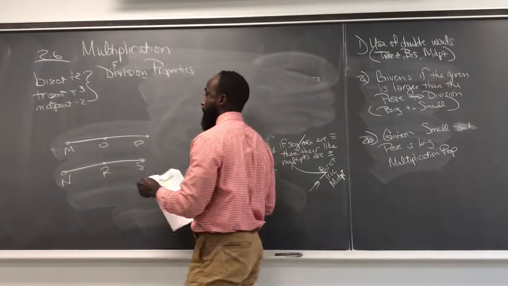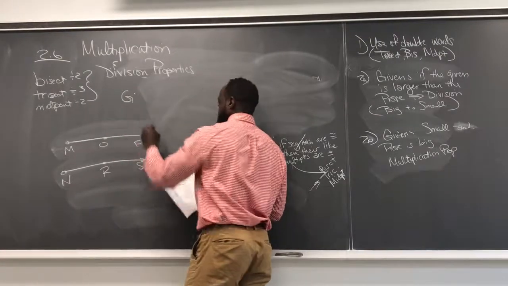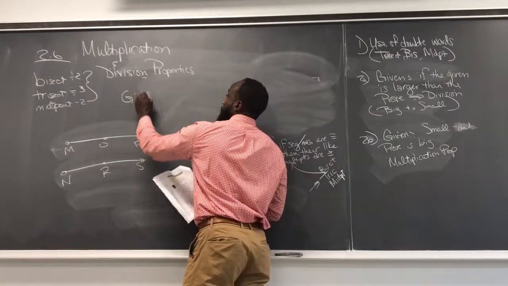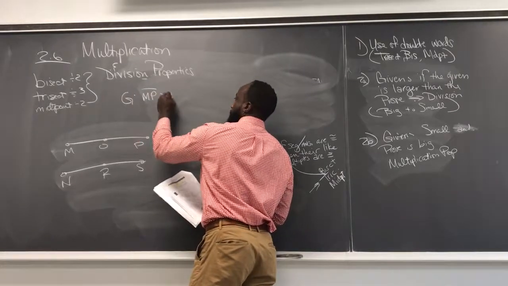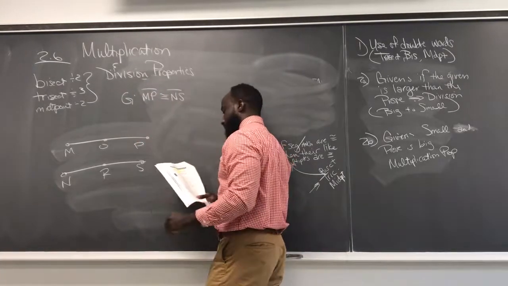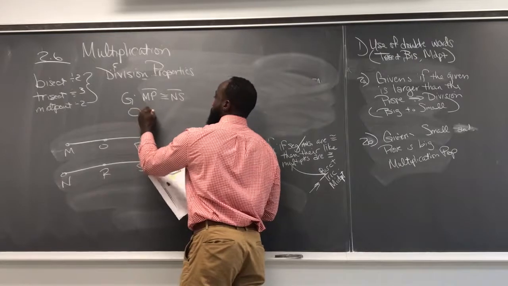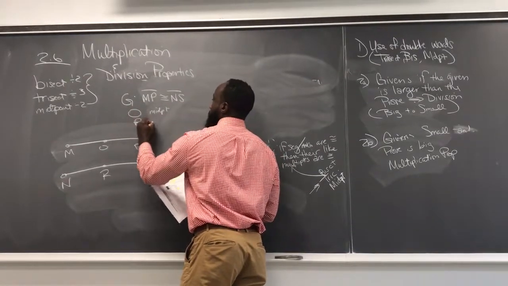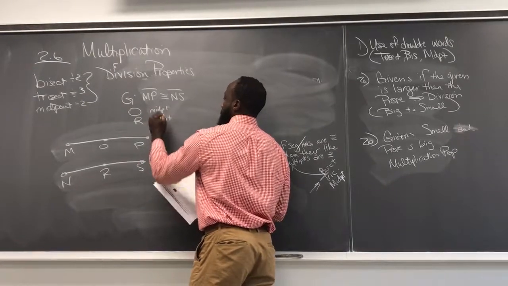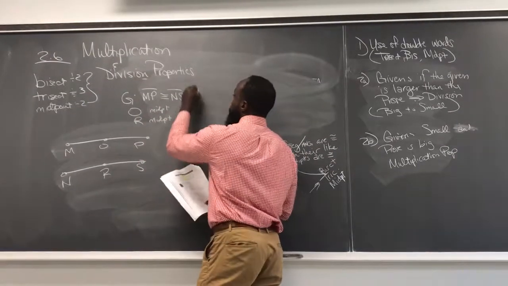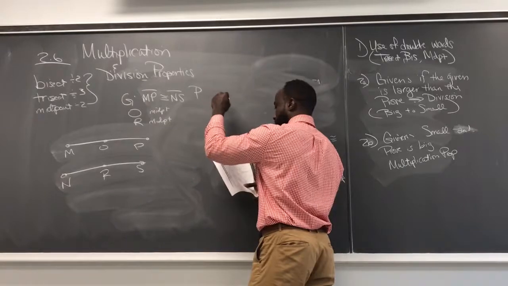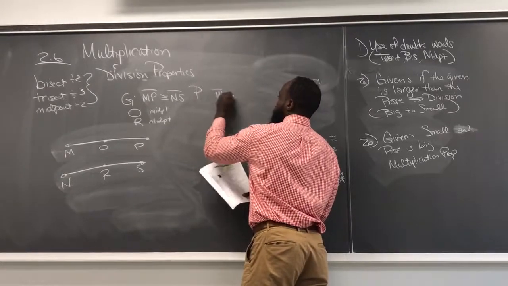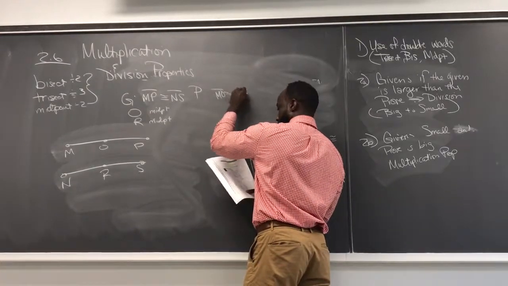Given information: MP is congruent to NS. Then it says O is a midpoint. And it says R is a midpoint. You have to prove that MO is congruent to NR, I believe.